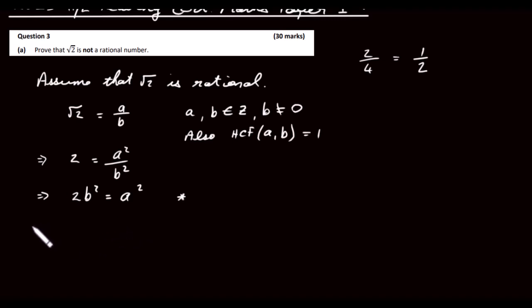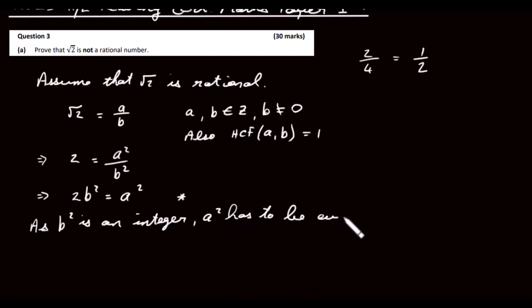So we would say something like, as b squared is an integer, a squared has to be even, which means that 2 divides a squared.